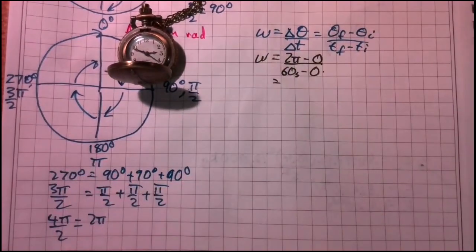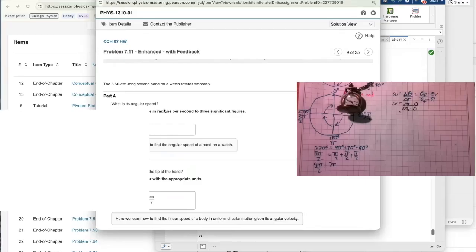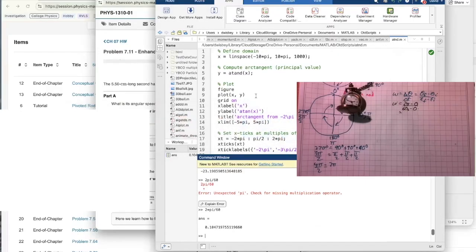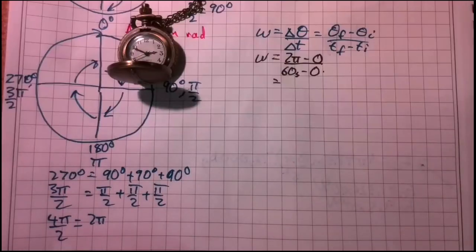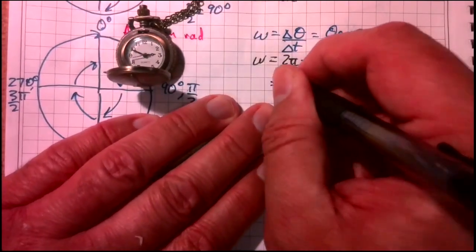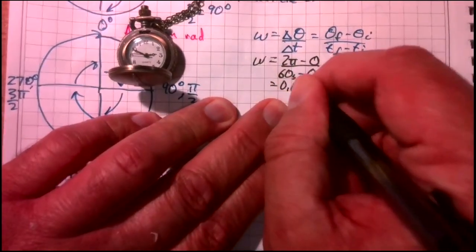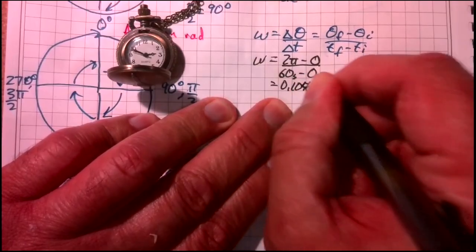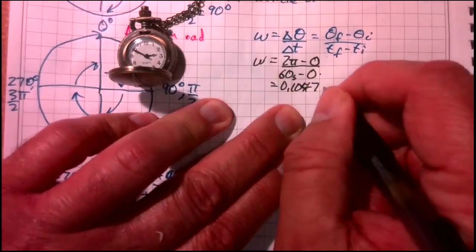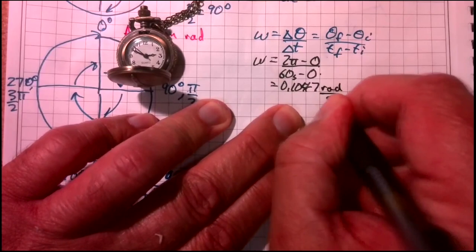So we can put this in MATLAB. If we go over to MATLAB, we say 2 pi divided by 60, which gives us 0.1047. Let me write that down. This gives us an angular speed of 0.1047, and this will be radians per second.